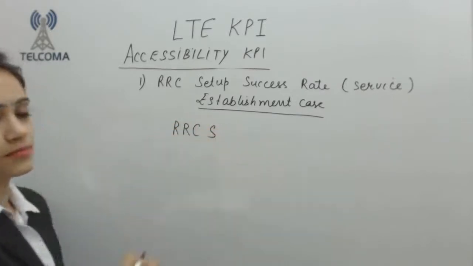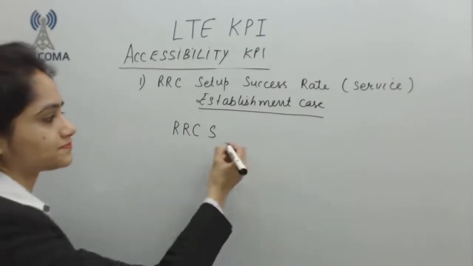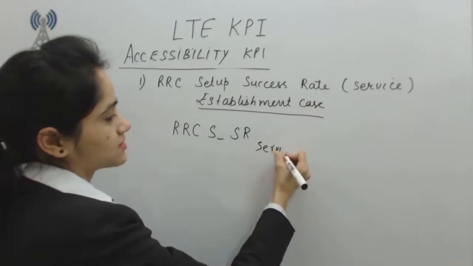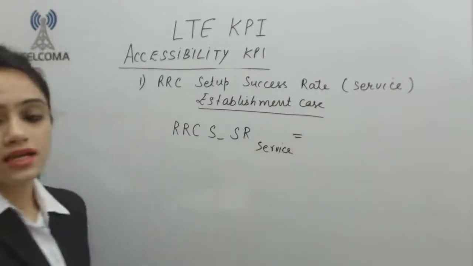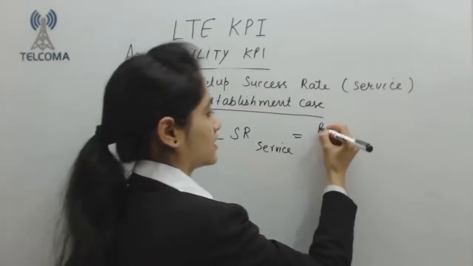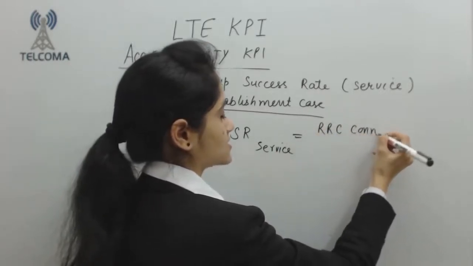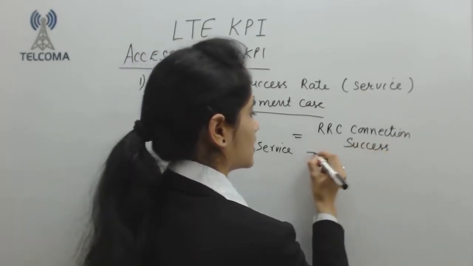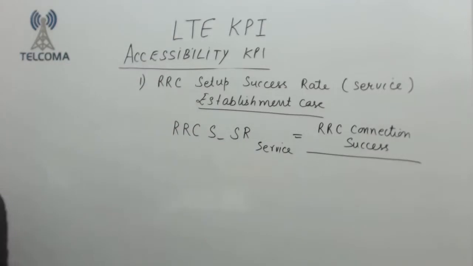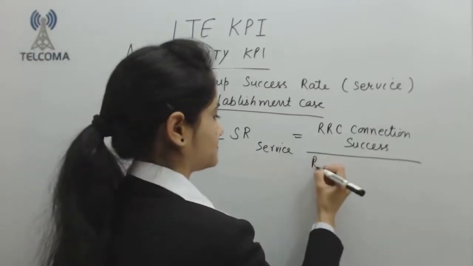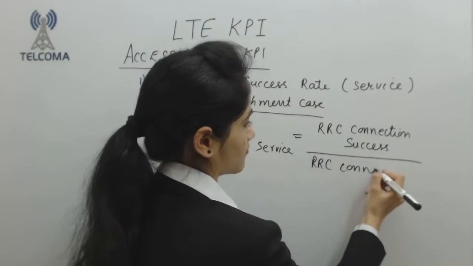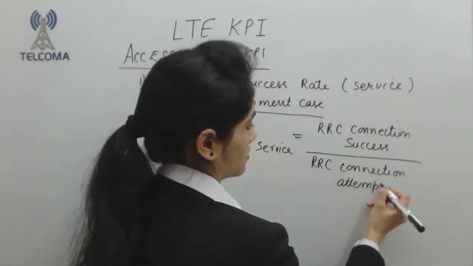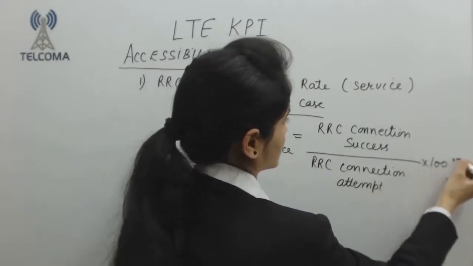RRC setup success rate, and this is for service, equals RRC connection success divided by RRC connection attempt, multiplied by 100%.